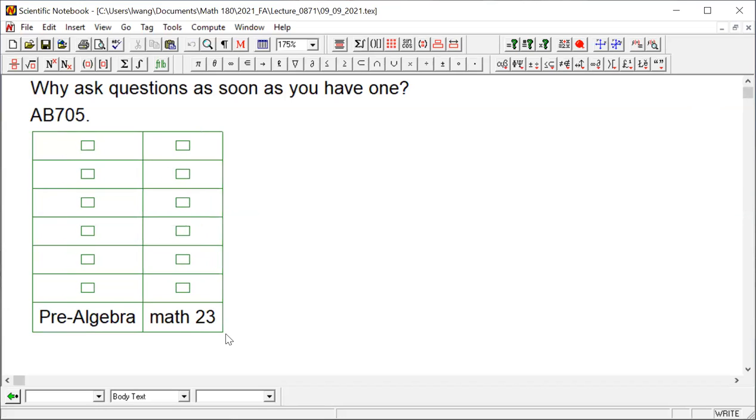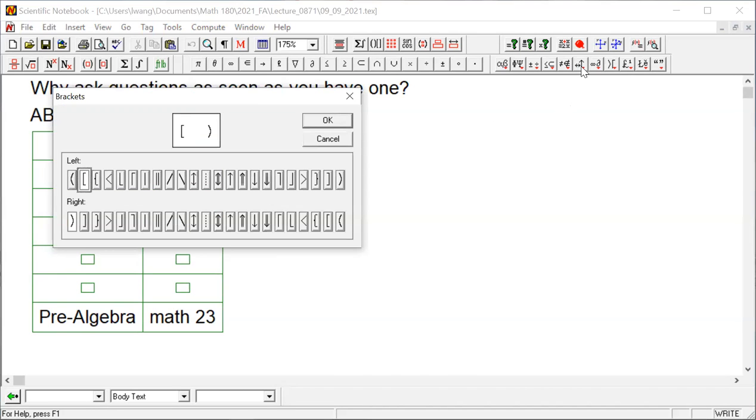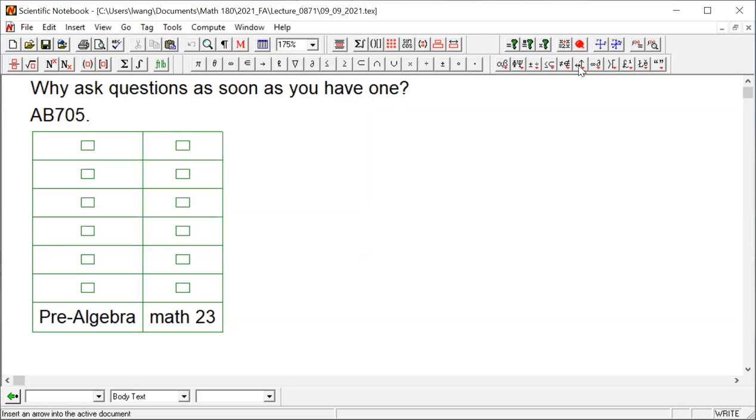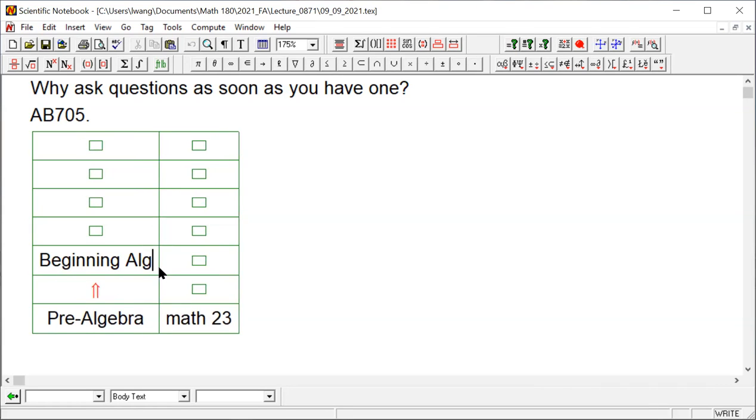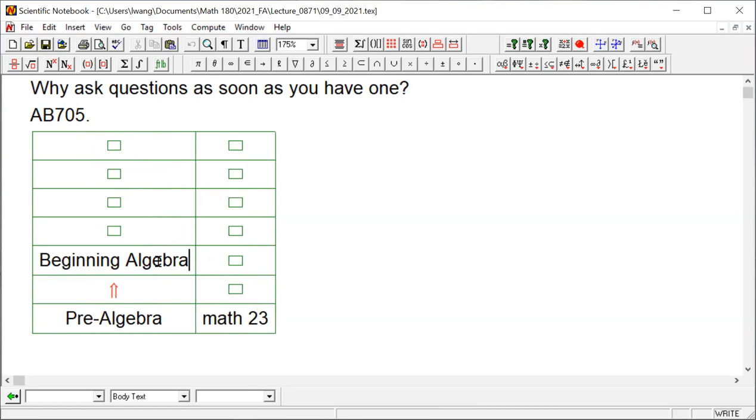Then I'm going to talk about the contents. After pre-algebra, the next class you're going to take is beginning algebra. That's our Math 40.